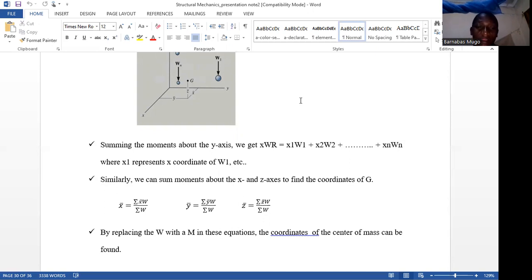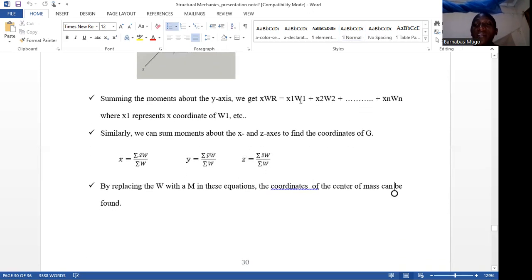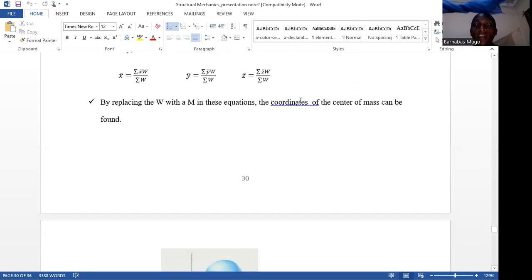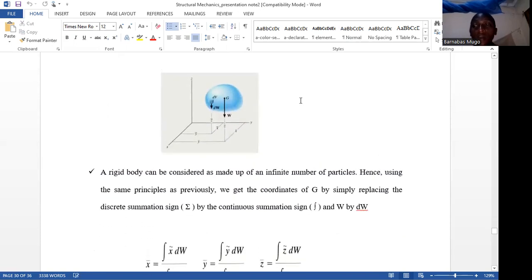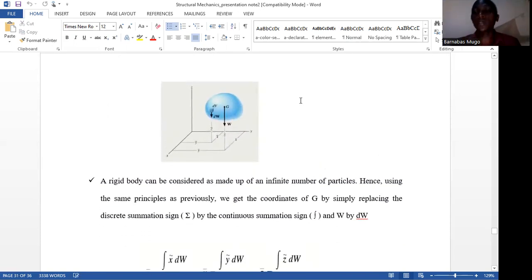Then by replacing w with m in these equations, the coordinates of the center of mass can be found. We just need to replace w with m so that we can get the coordinates for the center of mass. That one you can do more with your lecturer during your face-to-face class.